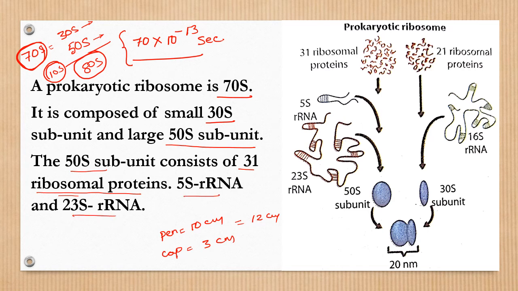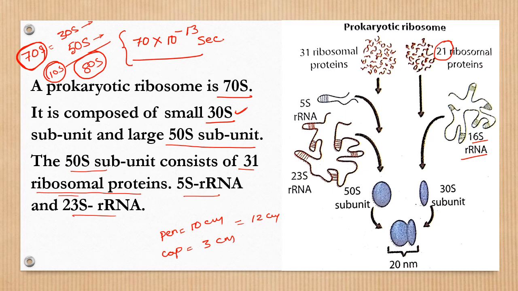Similarly, in the small subunit there are 21 ribosomal proteins as well as 16S rRNA present in the 30S subunit.